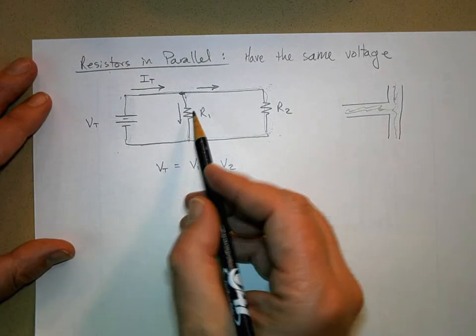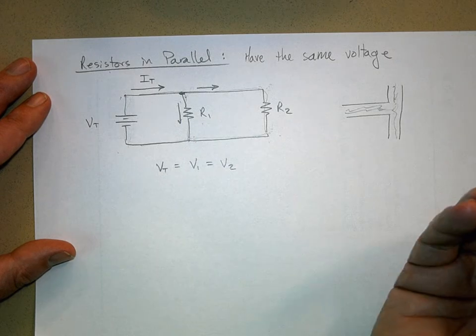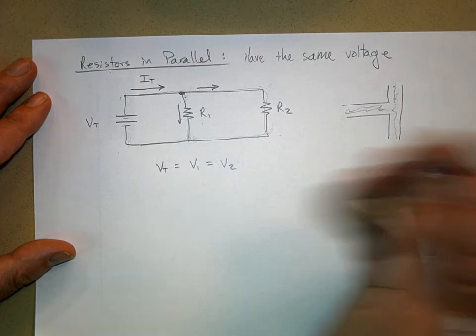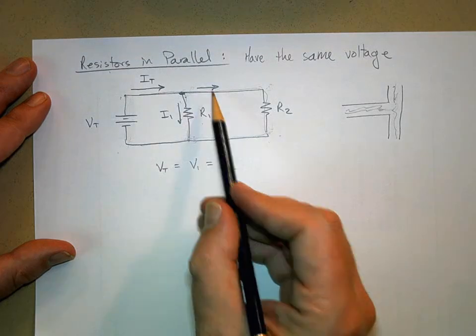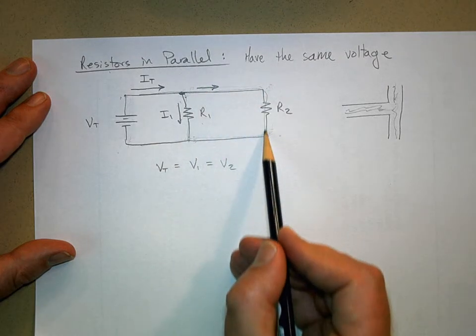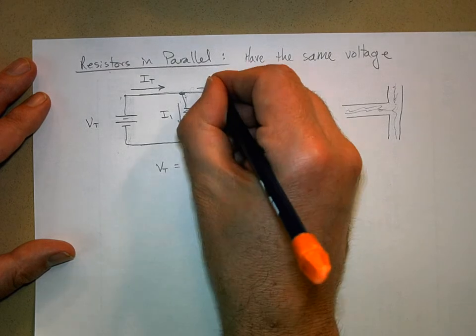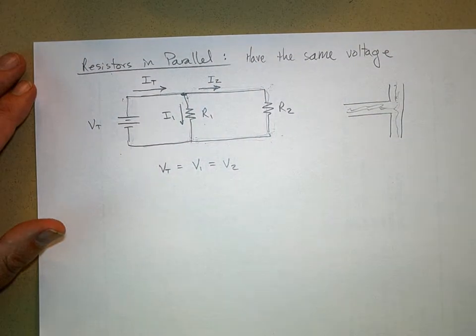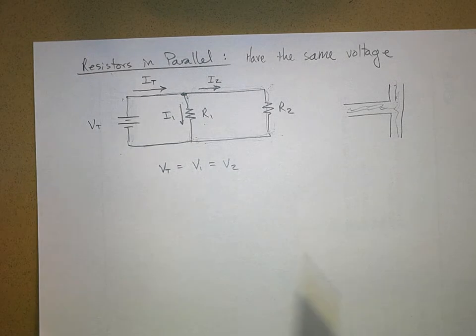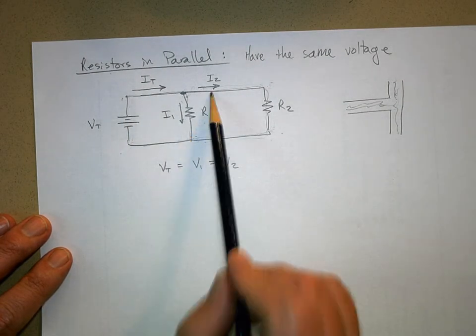Well, this is the current that goes through the first resistor, so guess what I'm going to call that? I1. And this is the current that's going to go through the second resistor, so guess what I'm going to call it? I2. Now, what's the relationship between the total current and the current going through the first and second resistors?